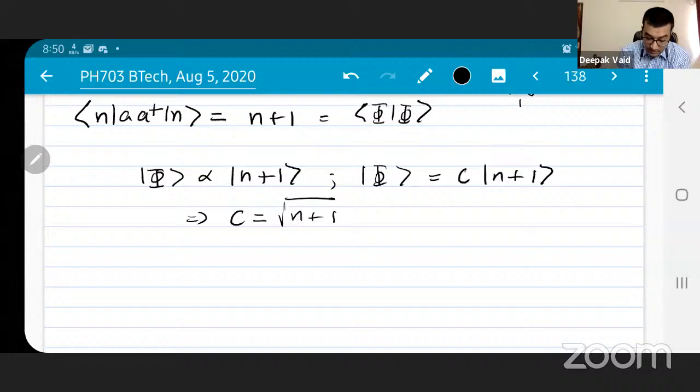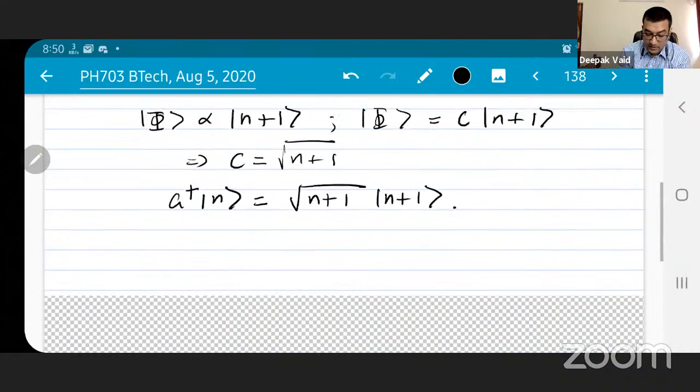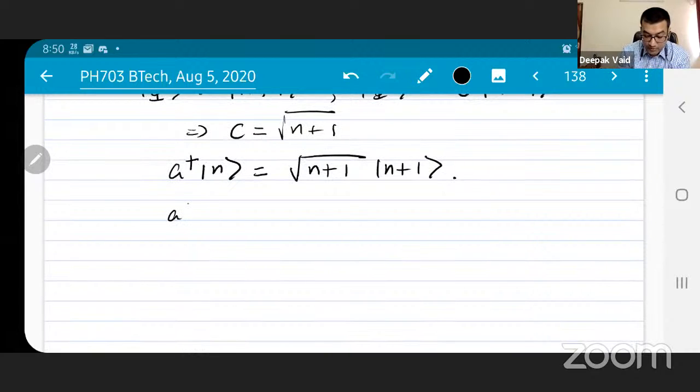So what we get is A dagger acting on ket n is equal to root n plus 1 times ket n plus 1. In exactly the same way, you can show that A acting on ket n is equal to root n times ket n minus 1.